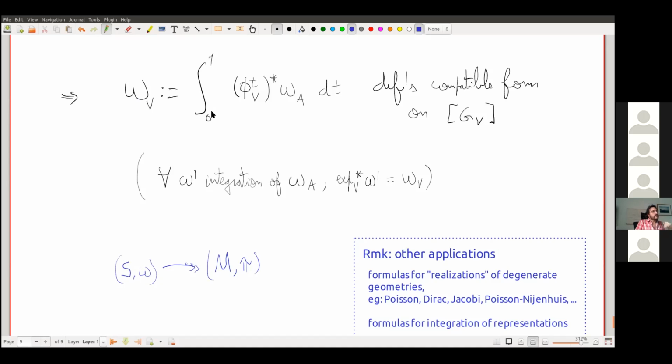And this formula gives you the answer. The answer is always yes. So this is this idea of realizations, and you can change this Poisson structure with other structures that are also motivated by mechanics and other things. And you can apply these formulas to get realizations of all of them.